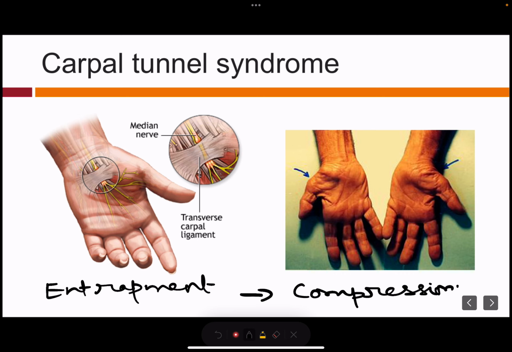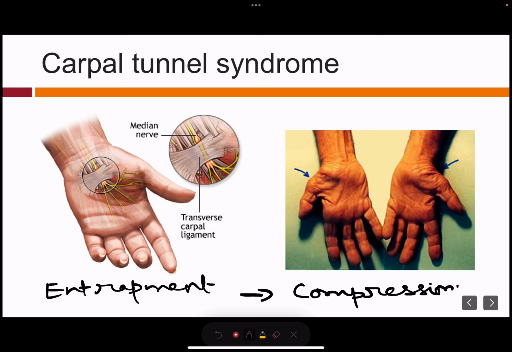So whenever there is an inflammation or infection of the synovial coverings of these tendons, or overuse of the muscle, or an infection, maybe from a needle prick, it will result in the compression of the median nerve in the carpal tunnel.